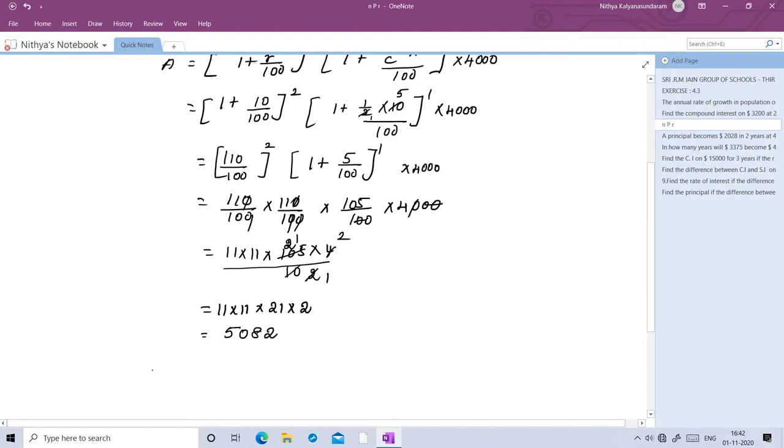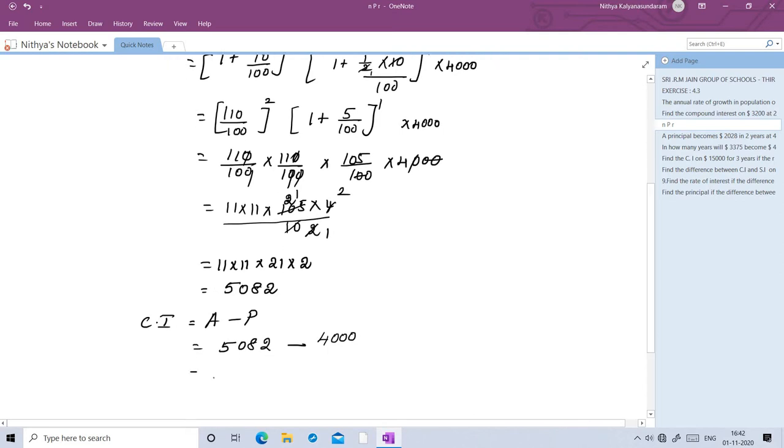So we want to find out compound interest, so we subtract the principal. Compound interest is equal to amount minus principal. So we got amount is 5082 minus our principal 4000. 5082 minus 4000 is 1082. So therefore compound interest is 1082.